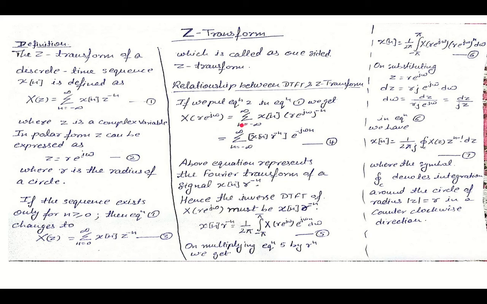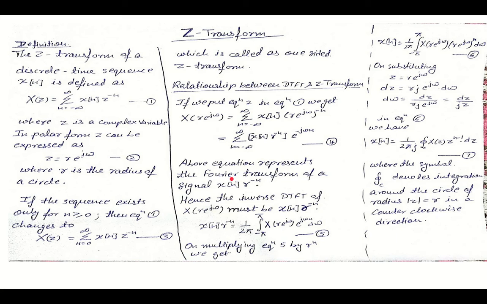This representation is actually of the discrete time Fourier transform, or we can say this is the Fourier transform of x[n] into r to the power minus n.